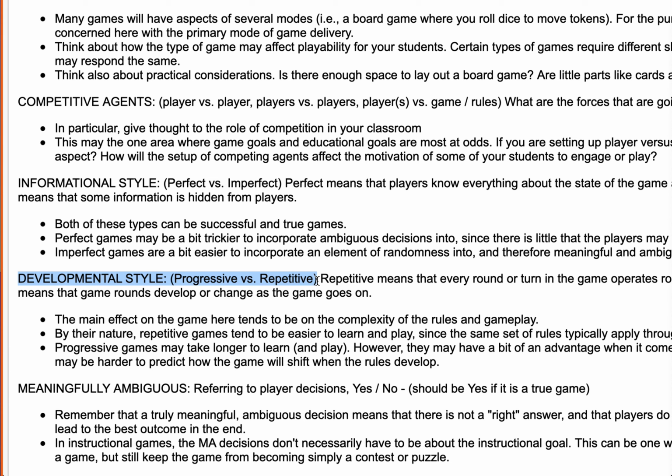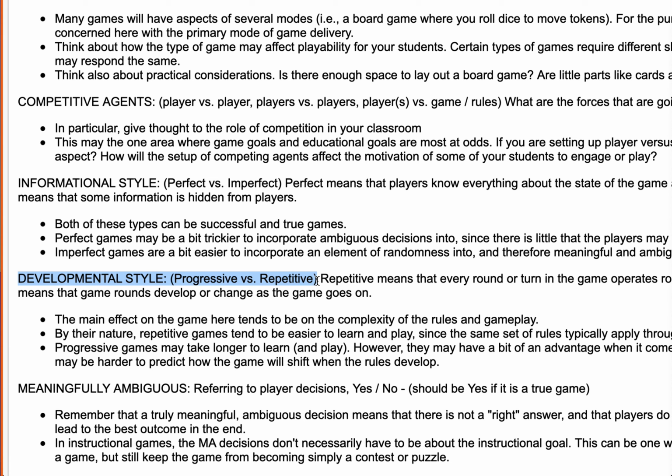A game like Life, if you know that game, would be a bit more of a progressive game because that game has three distinct phases to it. The opening phase is all about going to college and picking a job and those beginning, early in life things. And then you go through the part of the game where you're going through life.